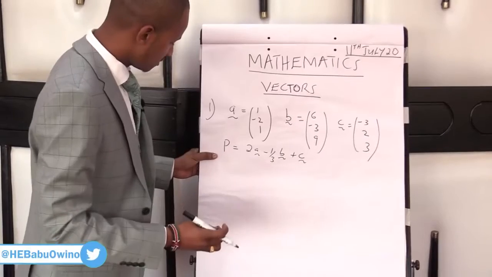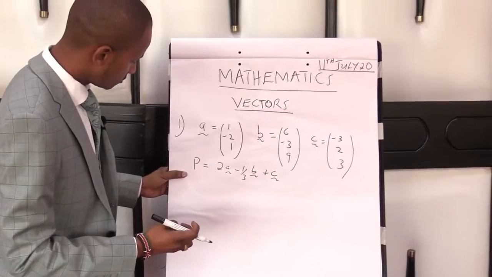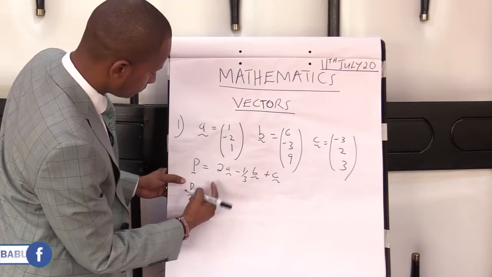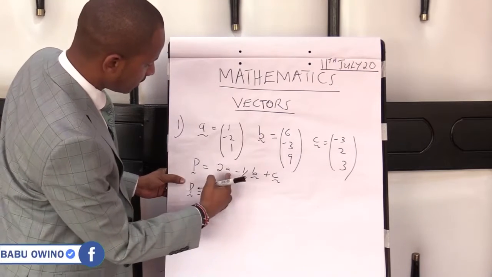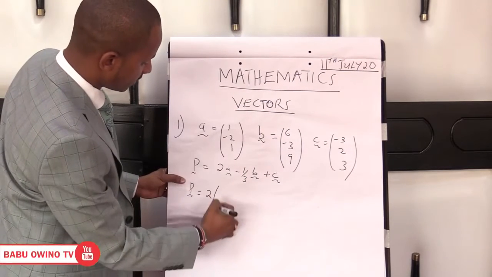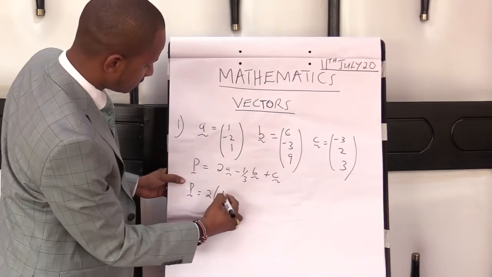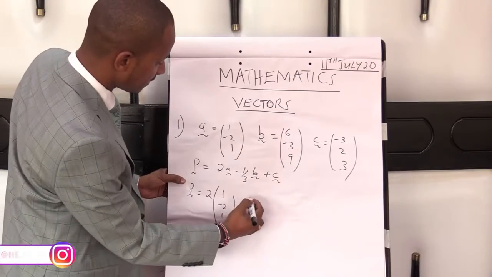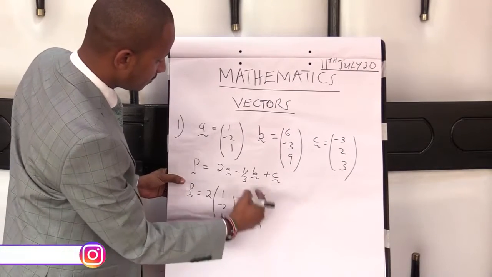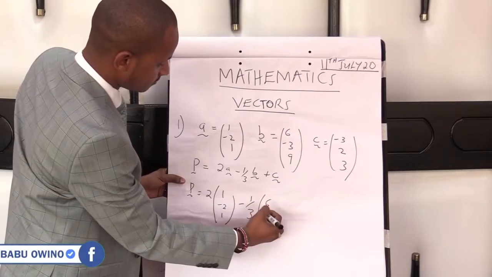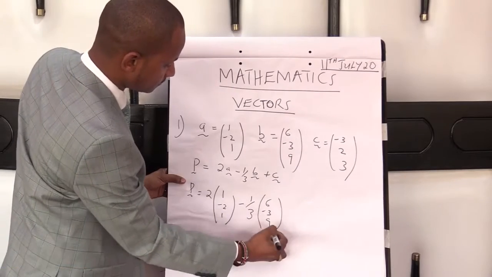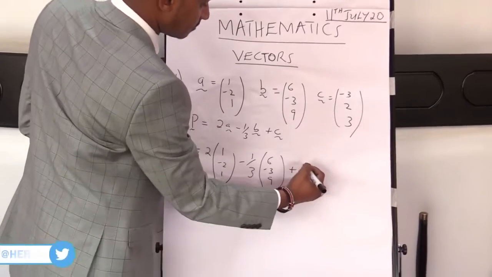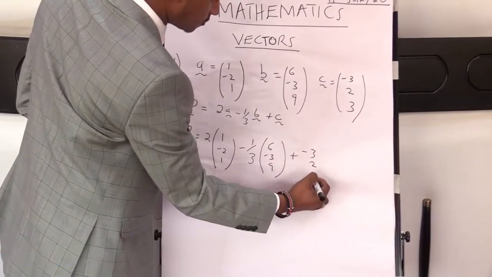Class, when you're given such a question, just the way it is, just write P equals 2. Then A, what is our A? Just replace where there is A with (1, -2, 1), as it is here, minus a third. B, what is our B? (6, -3, 9). Then plus C, what is our C? (-3, 2, 3).